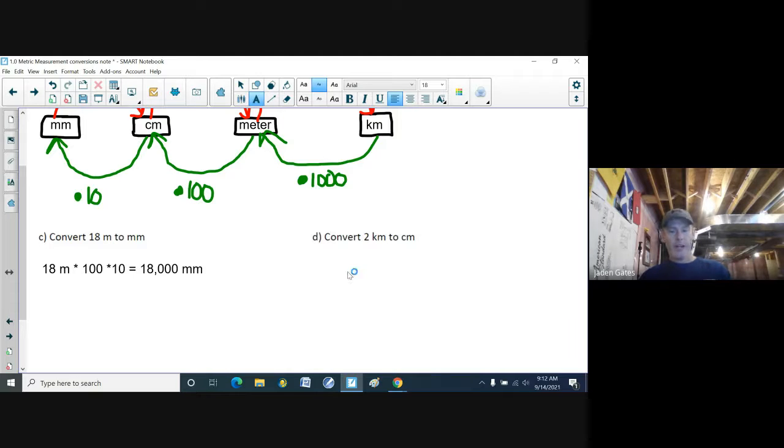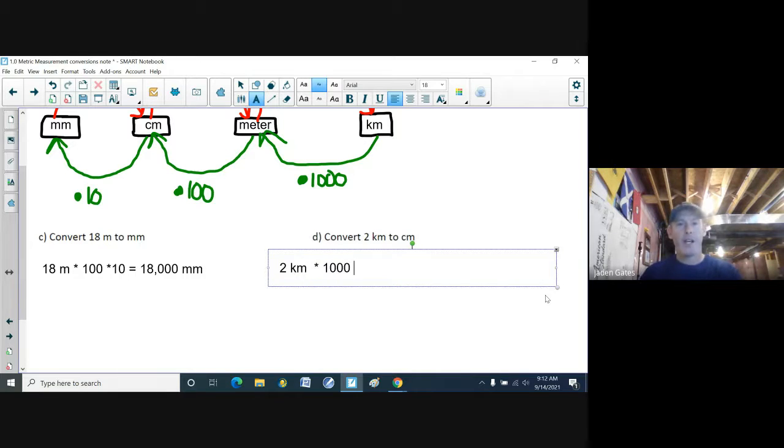Let me see here. In D, I get to convert 2 kilometers to centimeters. So again, it looks like I have to make 2 jumps here. I got to go from kilometers to meters and then meters to centimeters. So again, I have my original unit here, 2 kilometers. I've got to make the jump to meters, so it says times by 1,000.